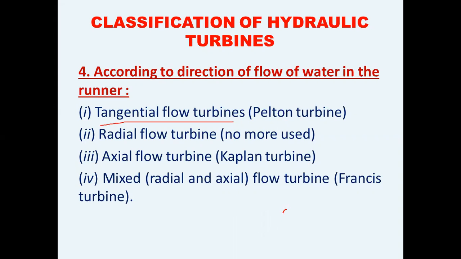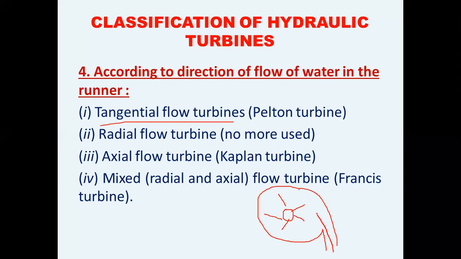So in this, what is going to happen? Okay, this is the casing. Water is going to enter from here, water jet. It is going to travel tangentially inside the runner, and that is your Pelton turbine.